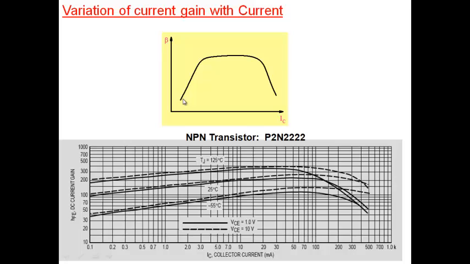Beta is constant over a certain current range. When I say beta of a transistor is 100, over a certain current range, you will find beta is indeed 100. As you go to very high currents, beta will drop. As you go to very low currents also, beta will drop.